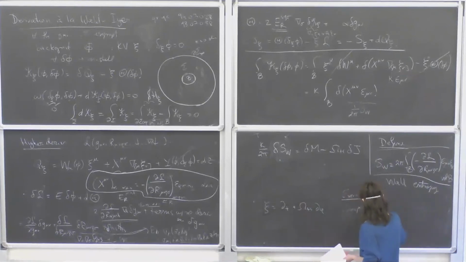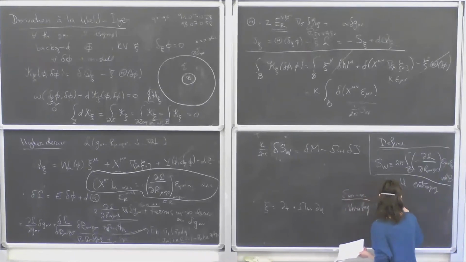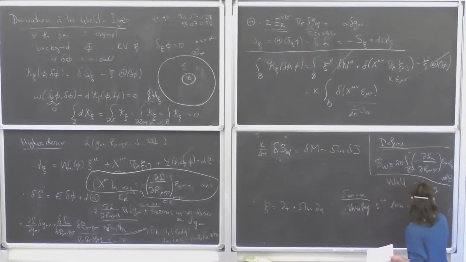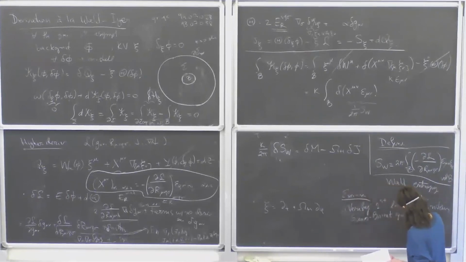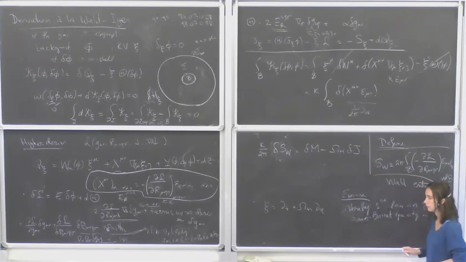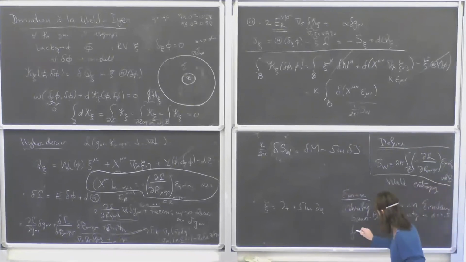Maybe you can verify the first law in Einstein-Gauss-Bonnet gravity in D equal to 4 and 5 for, say, a Schwarzschild black hole.